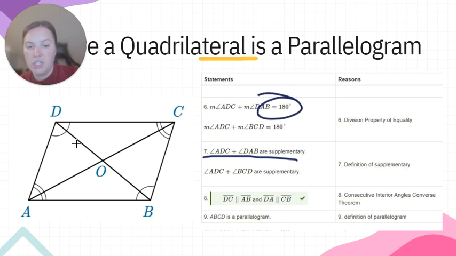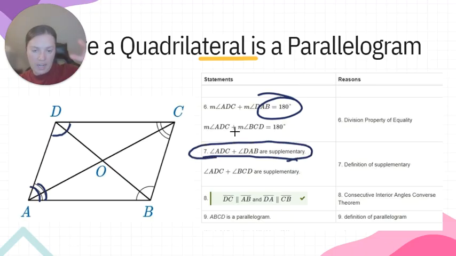So we can go back to our equation here, and basically what we're saying is that the measure of angle ADC, this one here, and the measure of angle DAB, this one here, now that we know that they're 180, are supplementary. We're working back, and we're going to end with the fact that these two things are parallelograms. So we now know that they are supplementary.